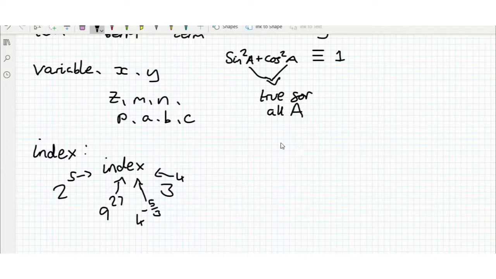A couple of other things we have to look at. Constants and coefficients.